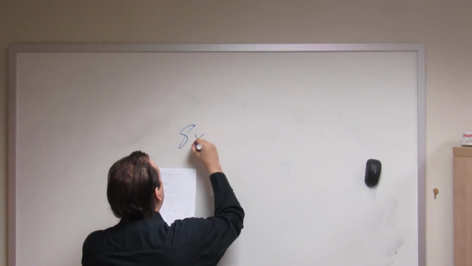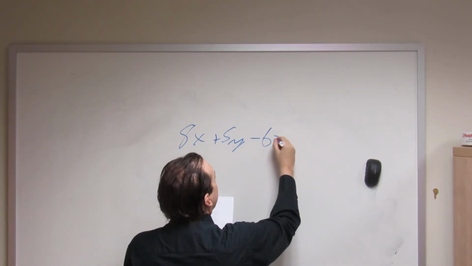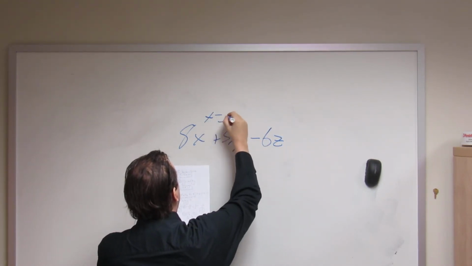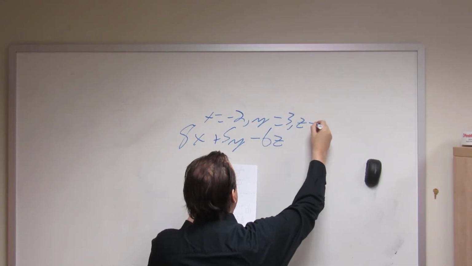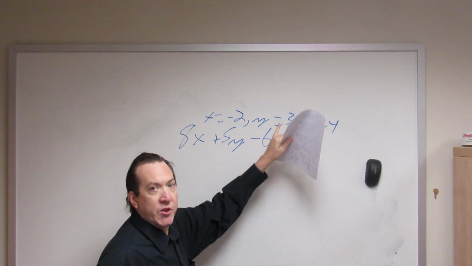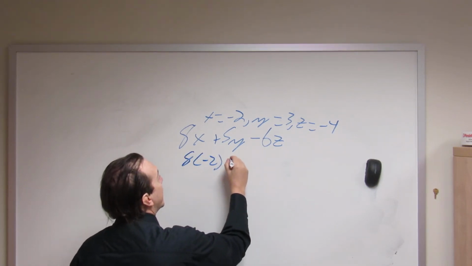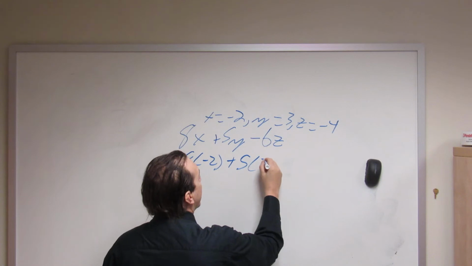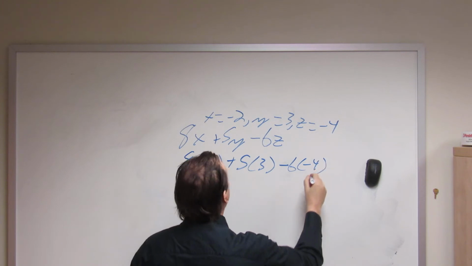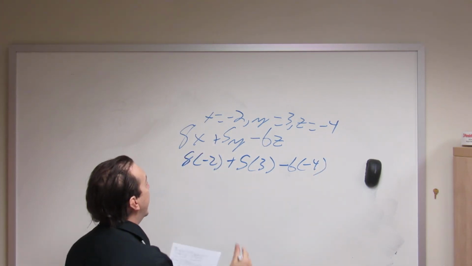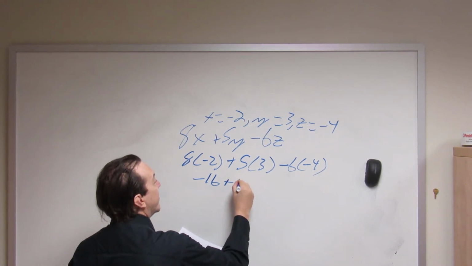So then let's say we have 8x plus 5y minus 6z when x equals -2, y equals 3, z equals -4. Just substitute those numbers in for the variables. 8 times -2 plus 5 times 3 minus 6 times -4. 8 times -2 is -16. 5 times 3 is plus 15.